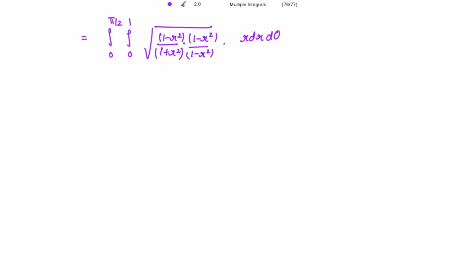So this is equal to the integral from 0 to pi by 2, 0 to 1, I'm multiplying with 1 minus r square and dividing with 1 minus r square, into r dr d theta. So this is equal to 0 to pi by 2, 0 to 1, with 1 minus r square in the numerator and in the denominator square root of 1 minus r to the power 4.